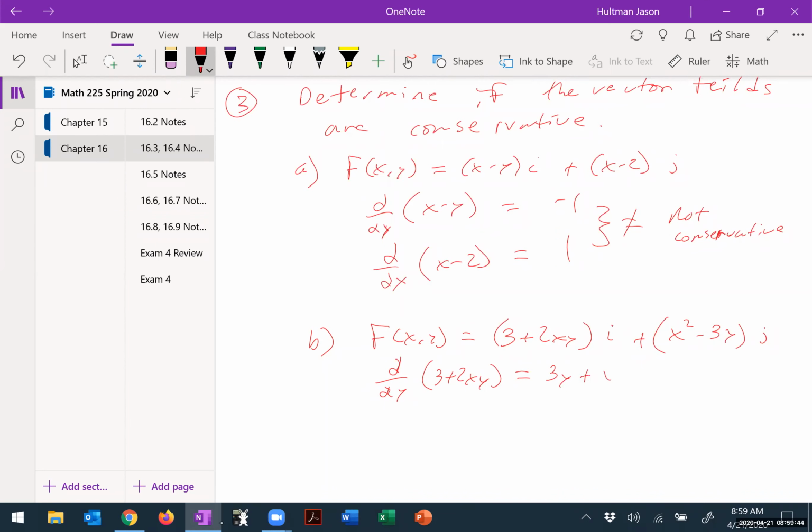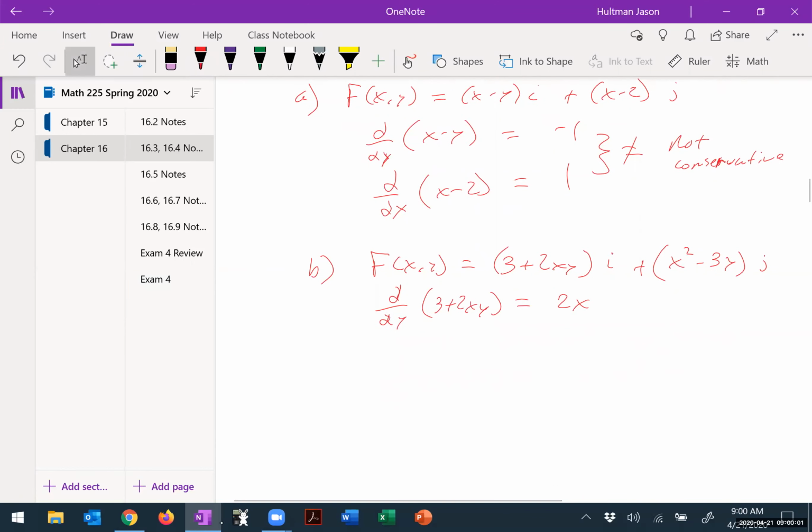I'm integrating, I need to be differentiating. This becomes 2x. What about this one with respect to x? This is x squared minus 3y. Take the derivative with respect to x here. That's 2x. Lo and behold, 2x is equal to 2x.